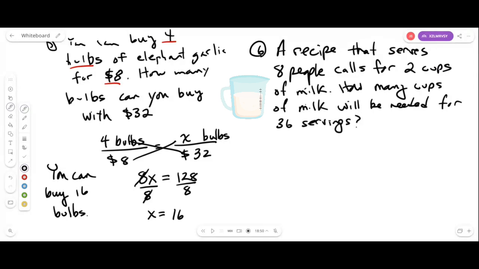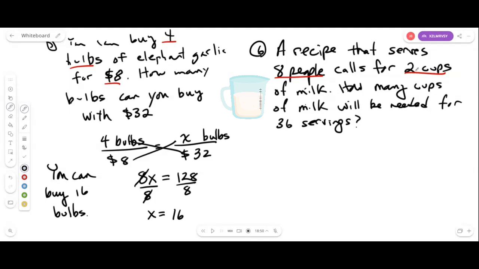Okay, very practical problems here, because if you cook, then you probably do this quite a bit. And you probably didn't realize that's what you were doing. Okay, so step 1 is find our given ratio. It says a recipe that serves 8 people calls for 2 cups. 8 people, 2 cups.